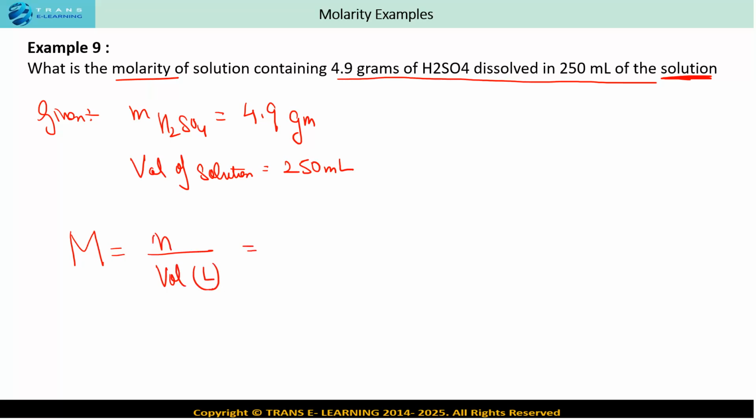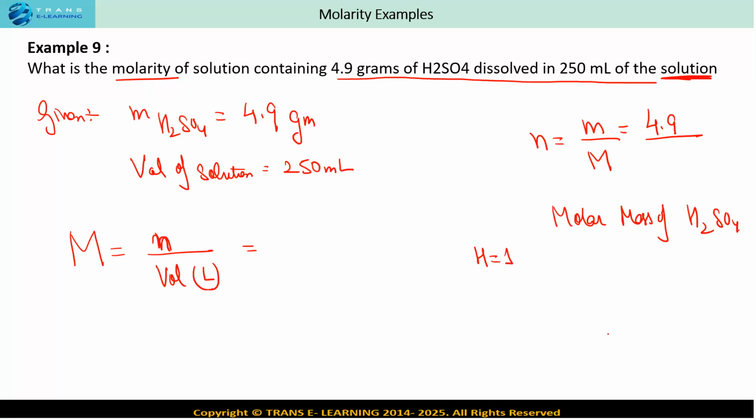So now let us first calculate the number of moles. Number of moles is equal to given mass upon the molar mass. Given mass is 4.9 and the molar mass. So how are we going to calculate the molar mass of sulfuric acid, H2SO4? The atomic mass of hydrogen is 1, sulfur is 32, and oxygen is 16.